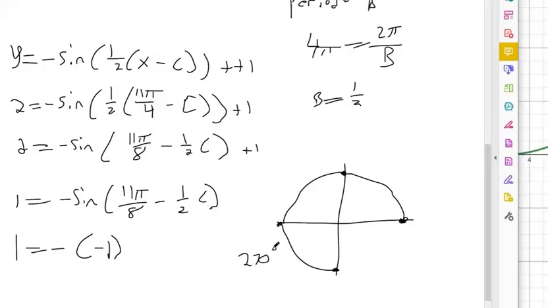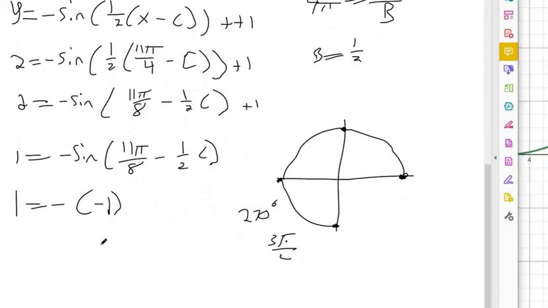or in other words, in terms of radians, that's 3 pi over 2. So we need this whole thing on the inside to equal 3 pi over 2 in order to get the right horizontal shift. Okay, so this is 3 pi over 2. I'm going to get common denominators so I can subtract that from both sides.